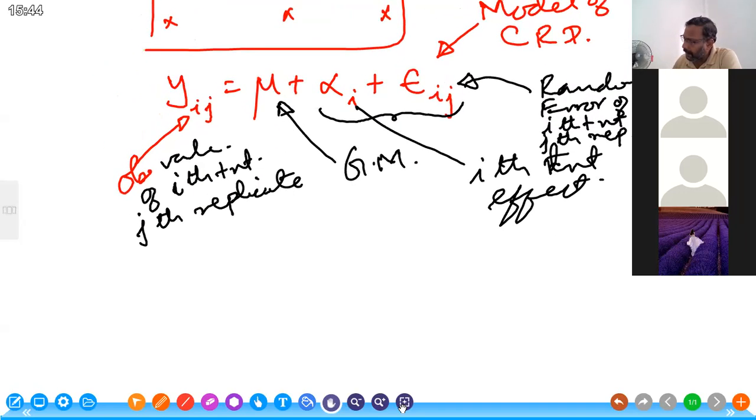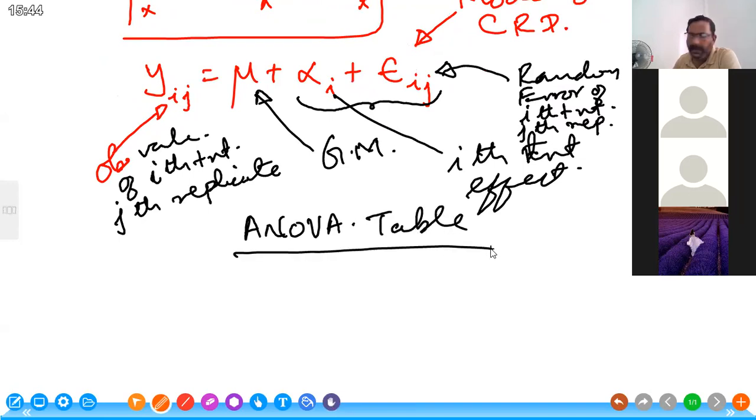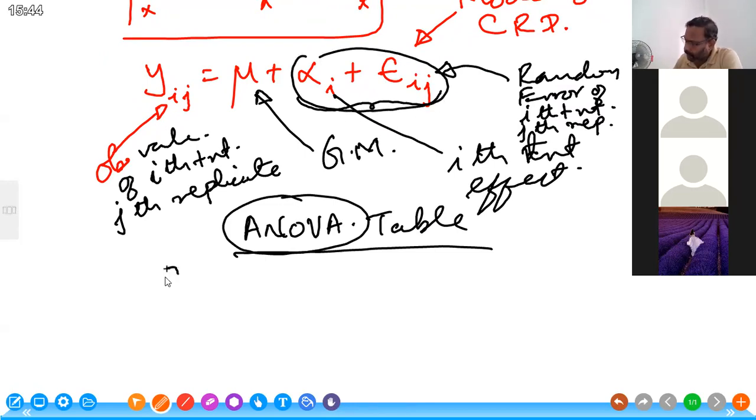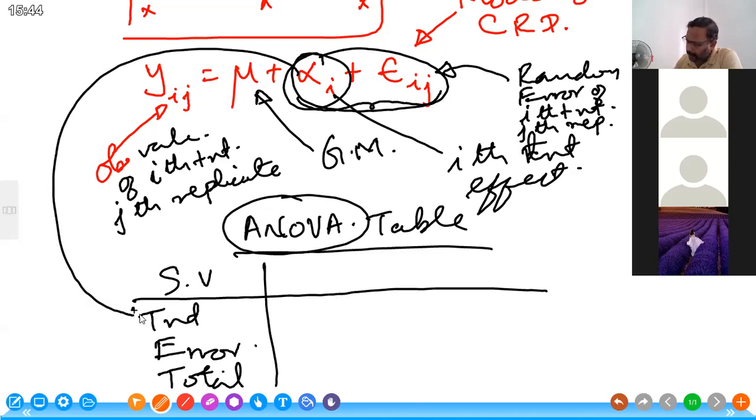Right. So basically, as I said, in the analysis of variance table, the ANOVA table, right? Analysis of variance, that is the meaning of ANOVA. So you see, these two components come. Source of variance, right? Here we have treatment, error, and total. This is due to treatment, that is there.